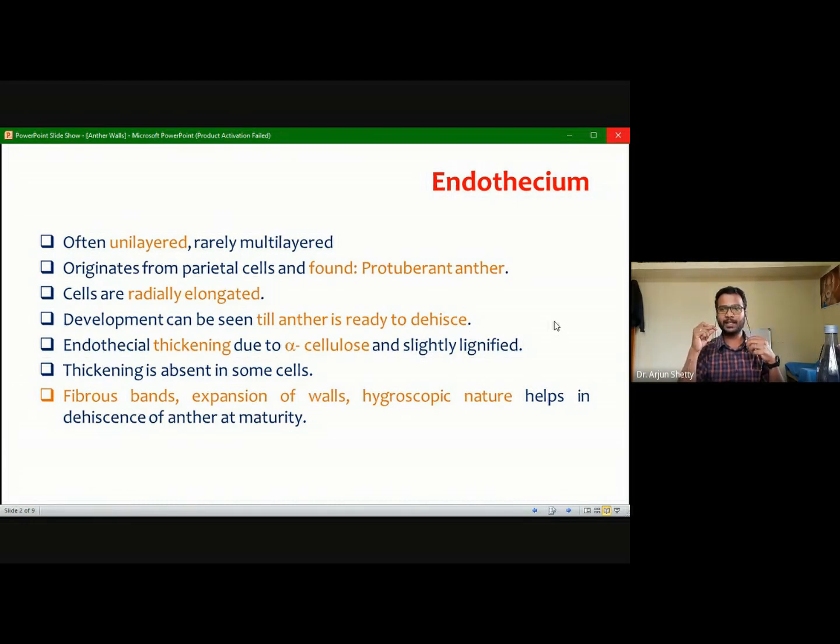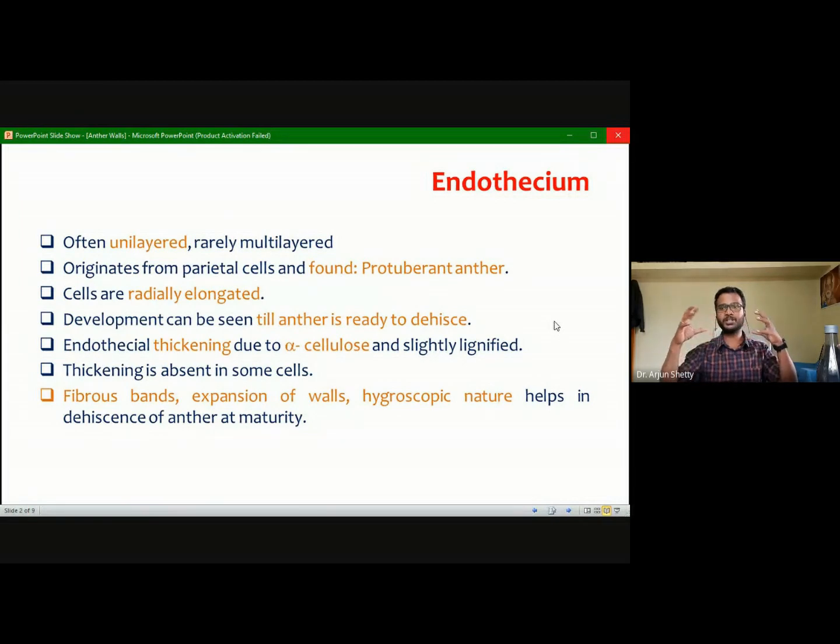When the archisporial cell forms, the formation of the endothecium begins soon after. The first anther wall to be formed is the endothecium.